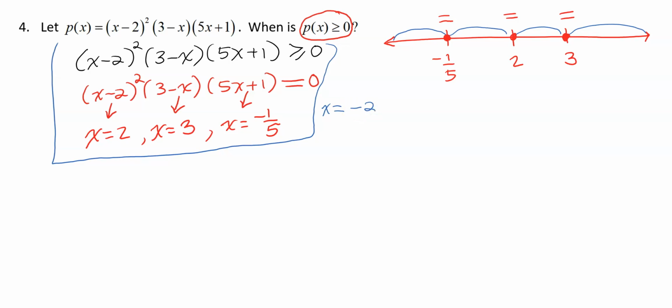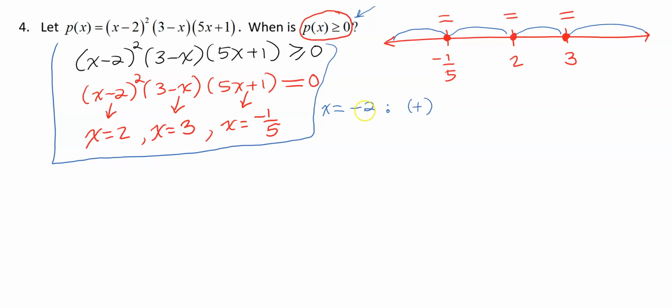When x is negative 2, we would have negative 2 minus 2, which is a negative number. A negative number squared is going to give me a positive. We are only checking to see if it's greater than 0, so we really don't need to calculate the actual value, just whether it's positive or negative.